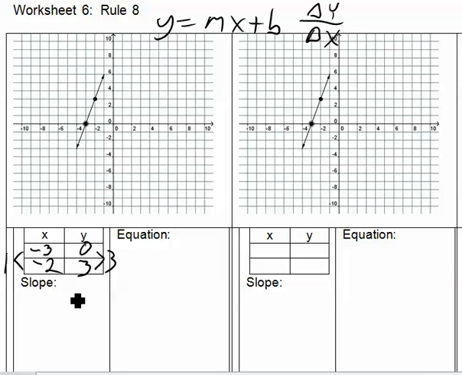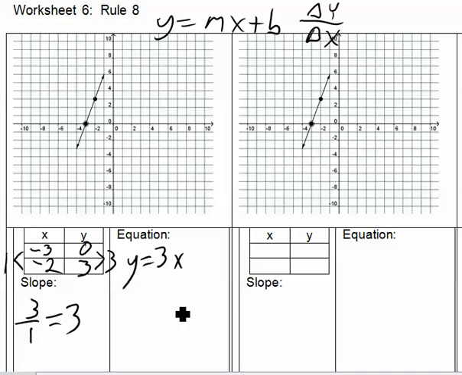So our slope is delta y over delta x, change in y over change in x, which equals 3. So we have y equals 3x, because the slope goes in front of the x.